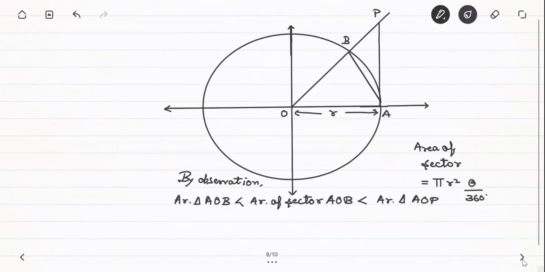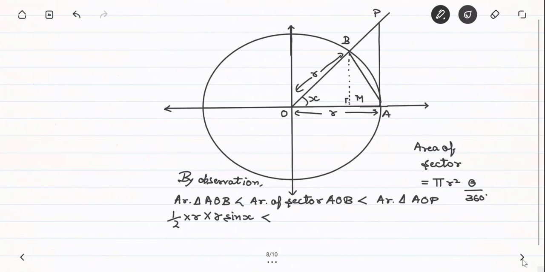Now we consider the radius as r, and we drop an altitude BM. Now area of triangle AOB is half into base into height, and we have taken the angle as x. So now we can easily calculate the height.